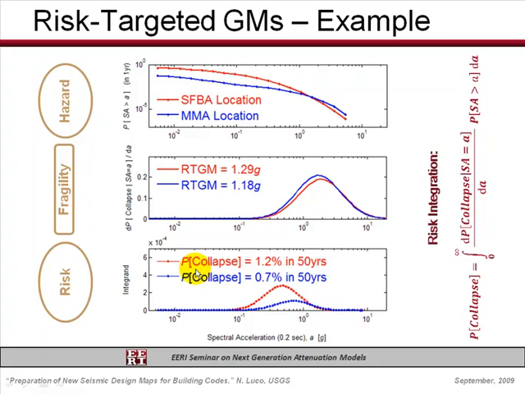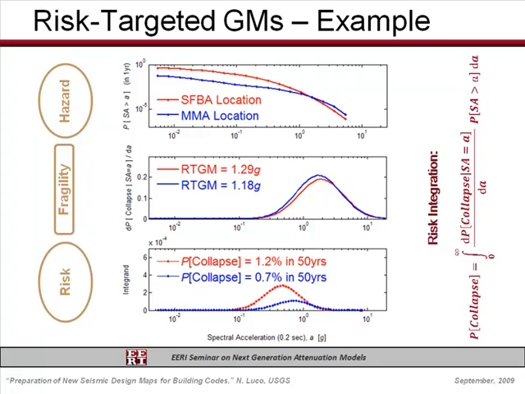So we've gone through performing this risk integration. We found out that our risk in San Francisco is higher than our risk in Memphis if we design for a risk targeted ground motion that is equal to the 2,500-year ground motion, the uniform hazard ground motion. And so this risk level is what we want to have be the same in the two locations.